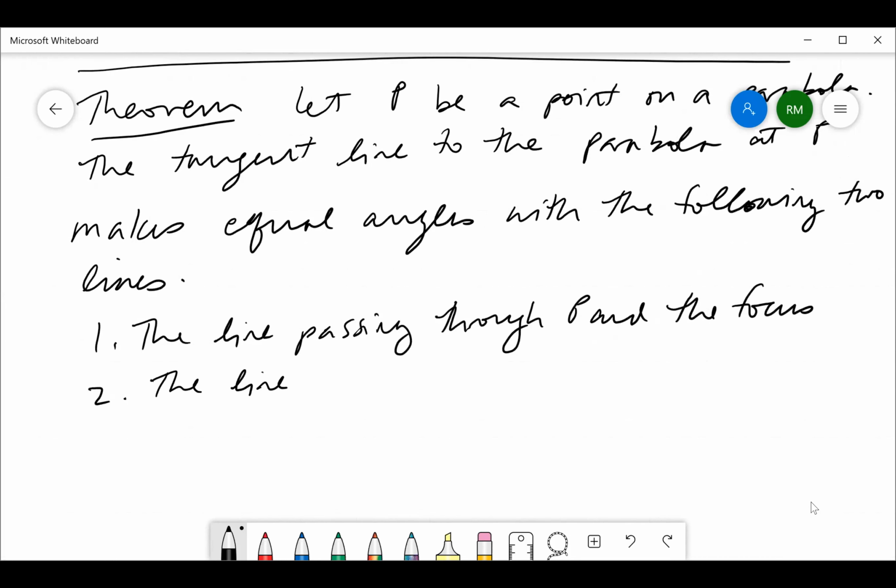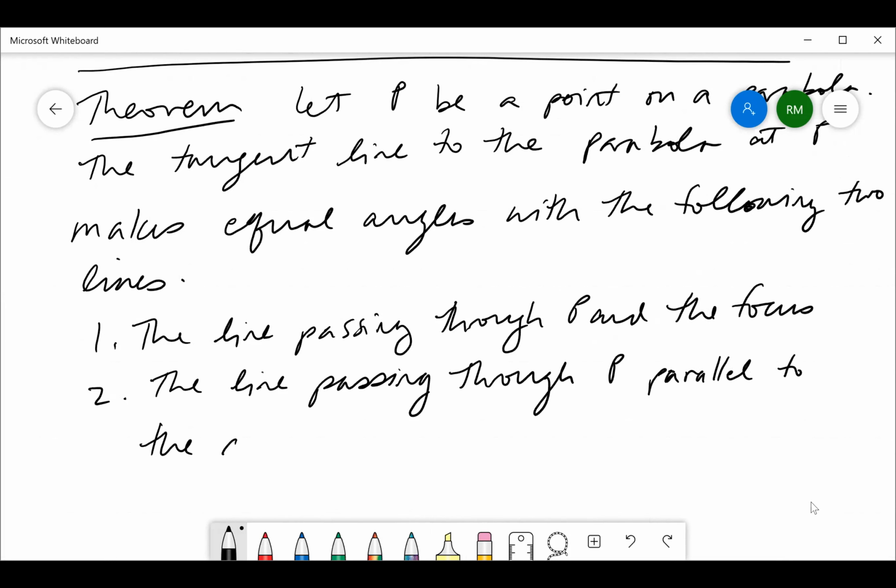The line passing through P parallel to the axis.